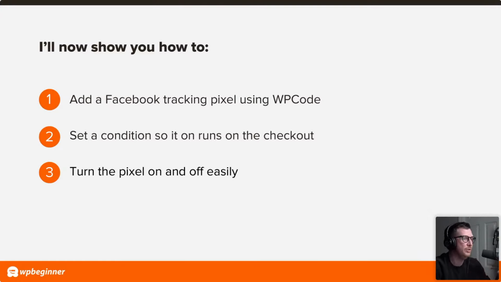I'm basically demonstrating just adding the code and then setting a condition to run on checkout. And you can turn the pixel on and off easily. I'll be using very basic code for this. You can find these on WP Beginner and also in other resources as well.